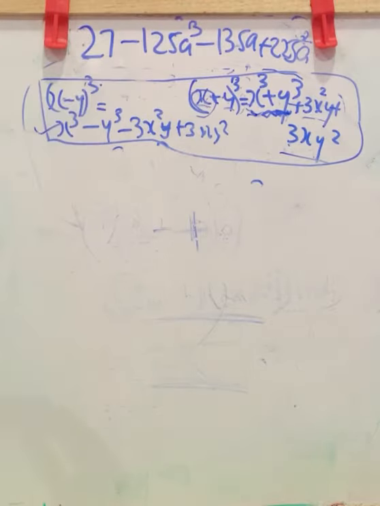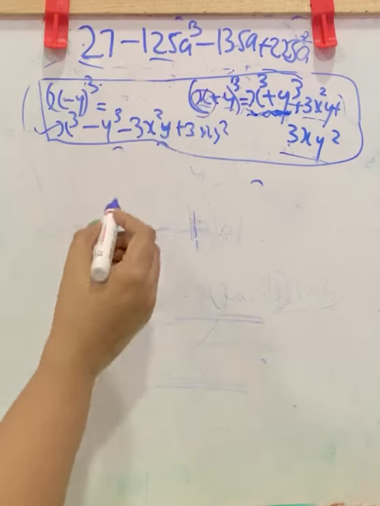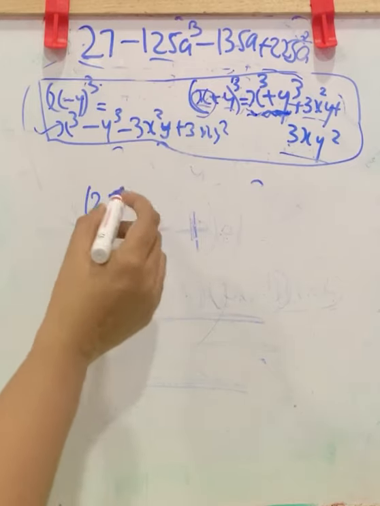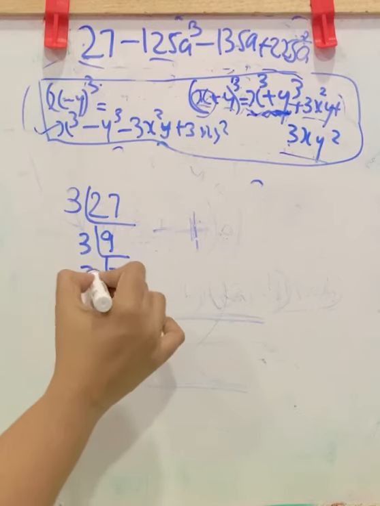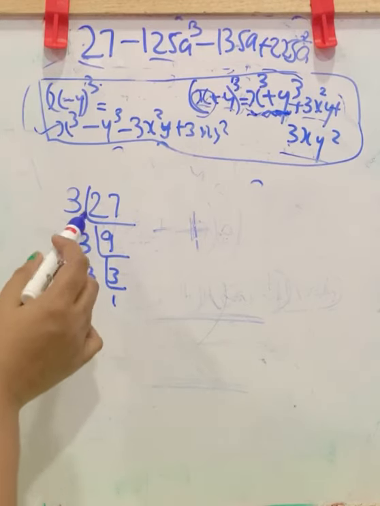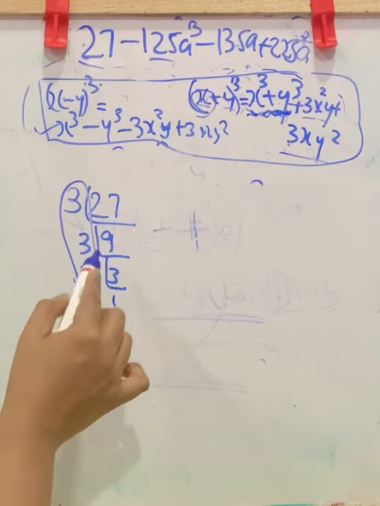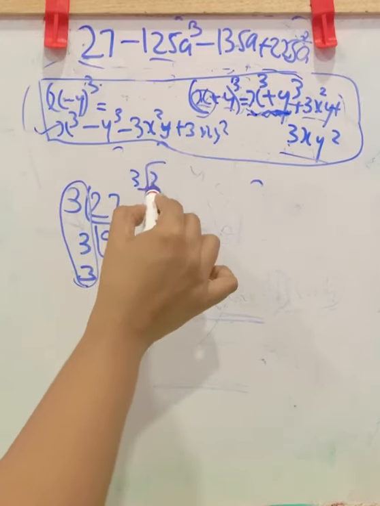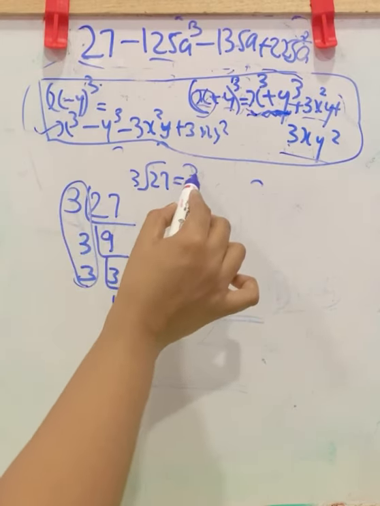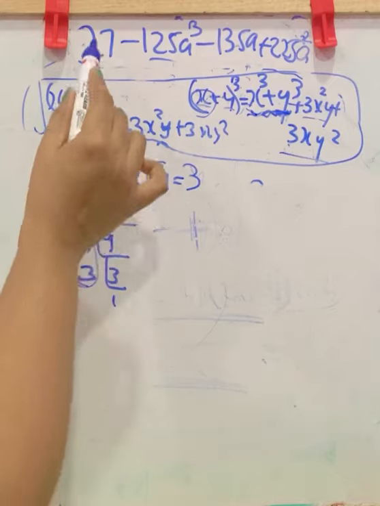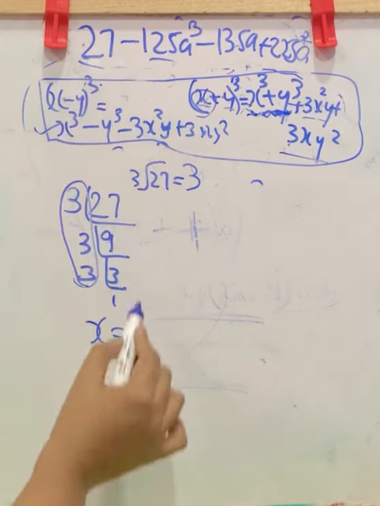From these two terms we can find x and y, that is, you want to take the cube root of each term. The cube root of 27: factorizing you get like this, and you want to pair 3 at a time. So pairing these 3 and taking the cube root of 27, for these 3 threes you will write a single 3. That is x, here 3.